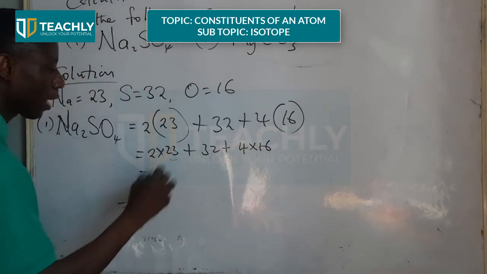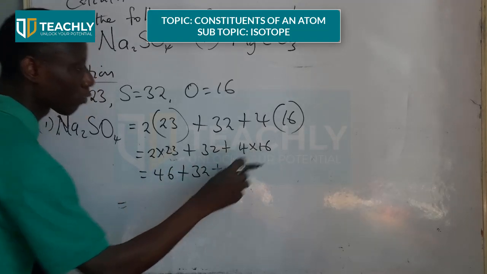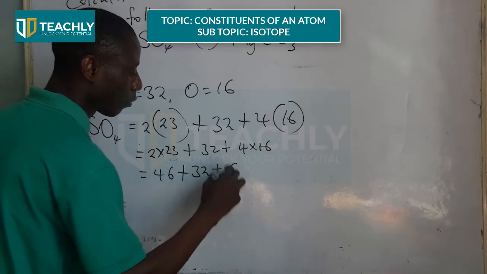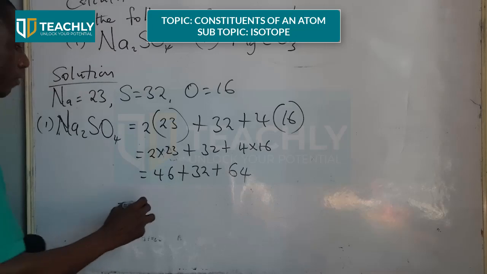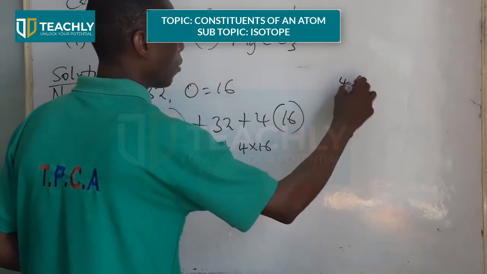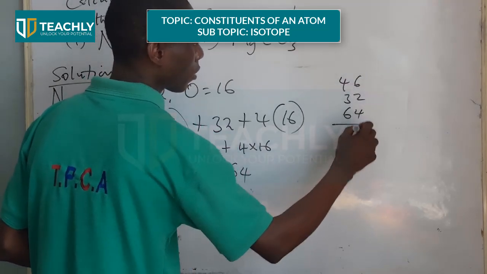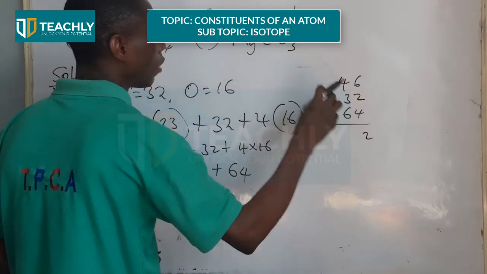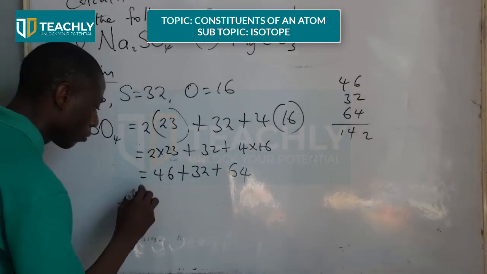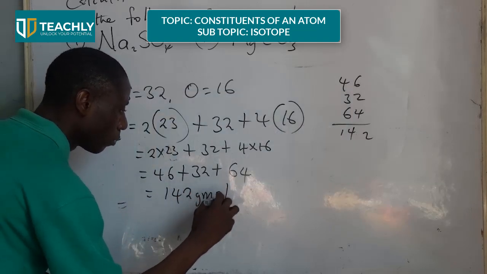So here we have 46 plus 32 plus 64. If you add everything together, it's going to give us 142 grams per mole.